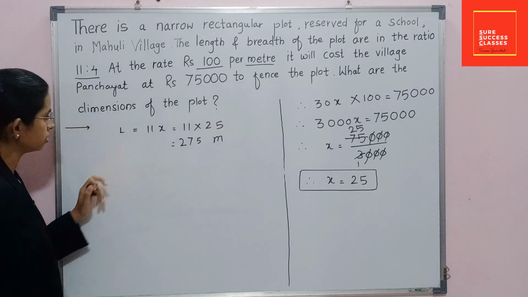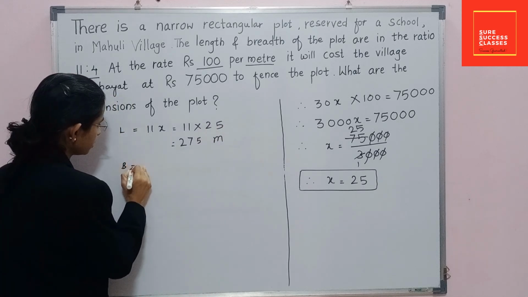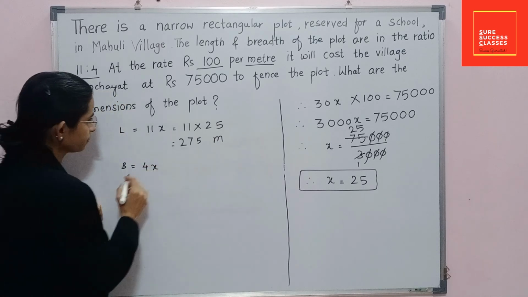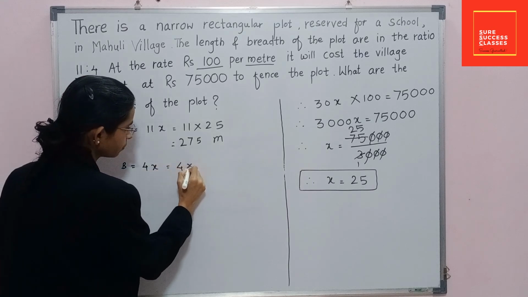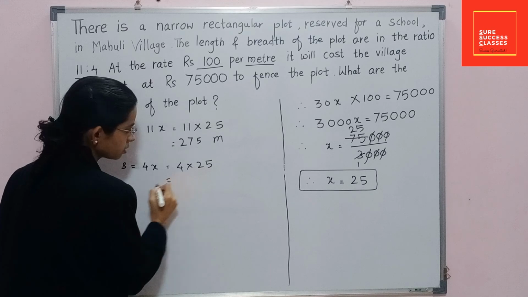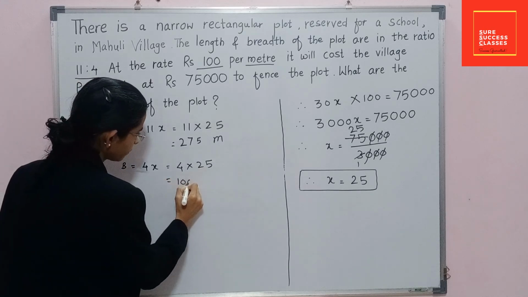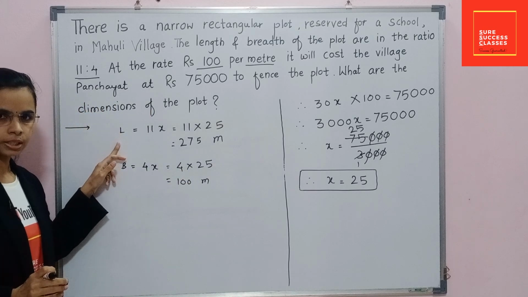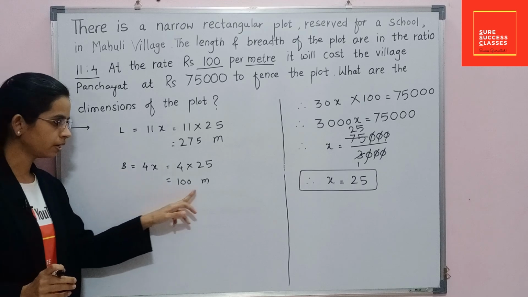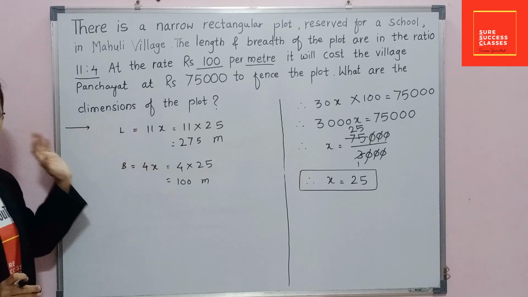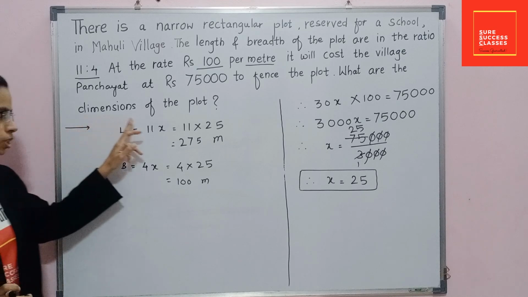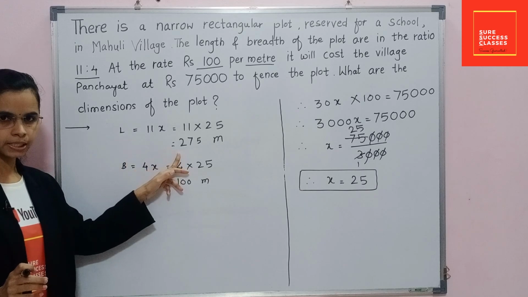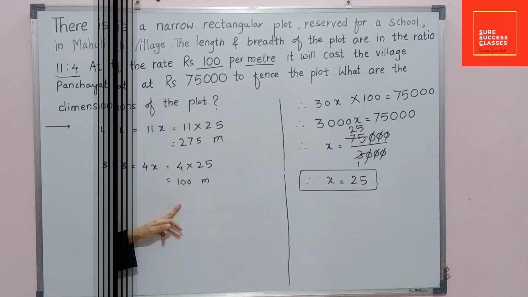This is the length, and breadth it is equal to 4x, which we have considered, and 4 into 25 it gives us 100 meter. So length will be 275 meter and breadth will be 100 meter. And last sentence of our question will be the dimensions of the rectangular plot are length is equal to 275 meter and breadth is equal to 100 meter.